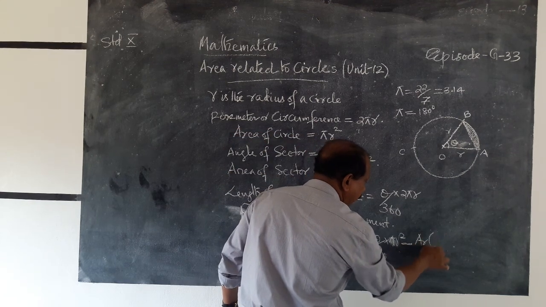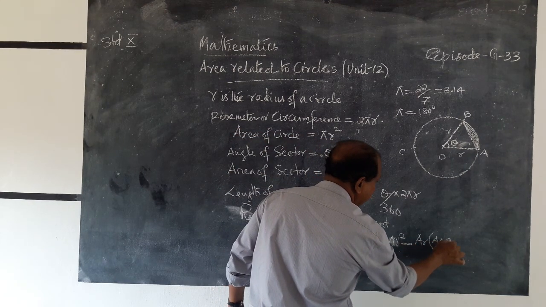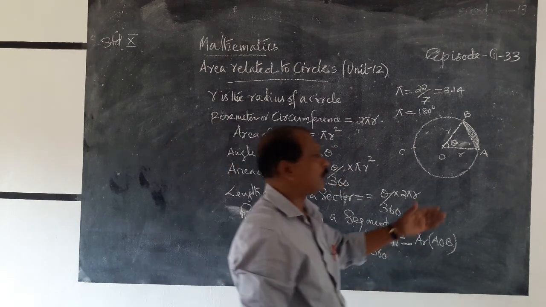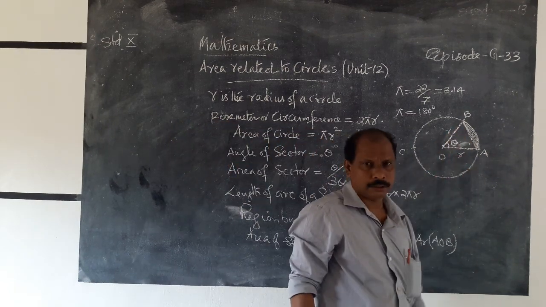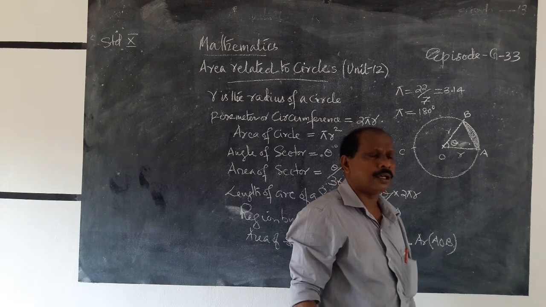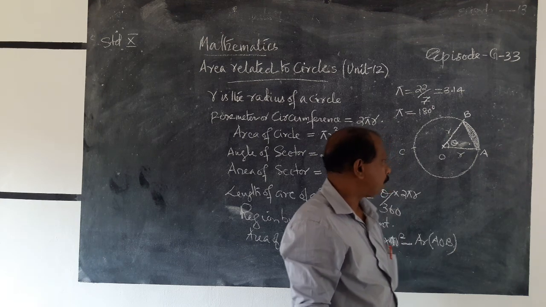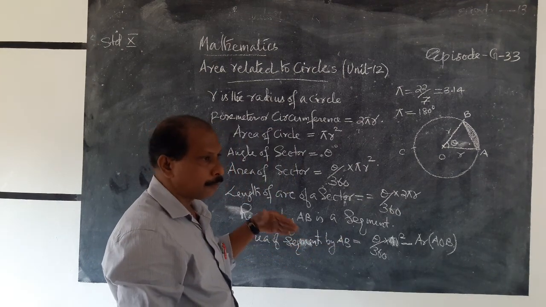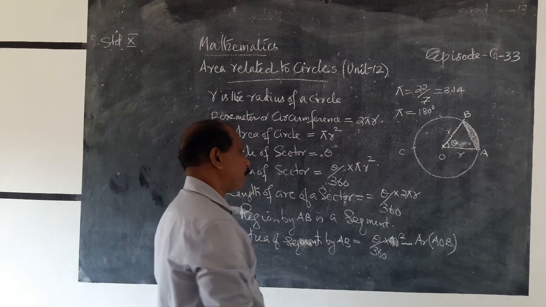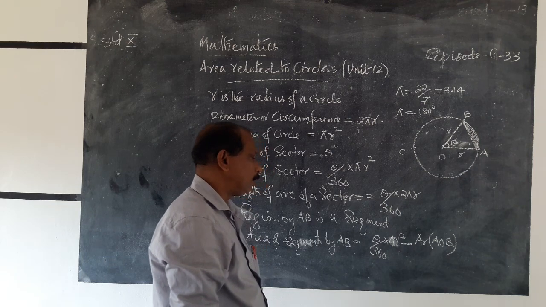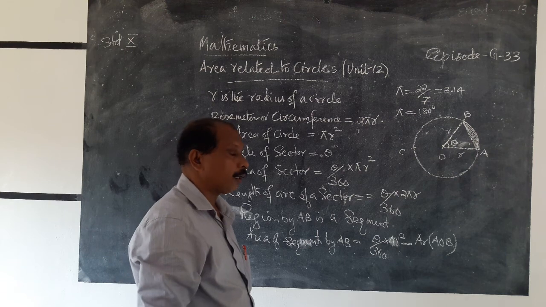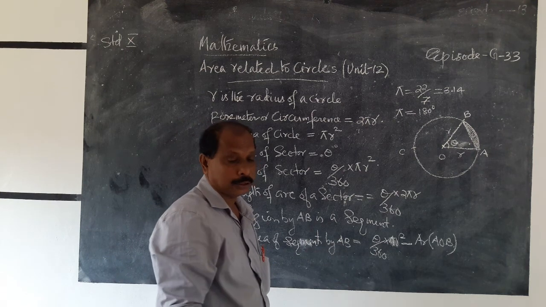The area of triangle AOB. Triangle AOB is an isosceles triangle with two sides equal. Therefore, we can find the area using any method. So the area of the segment by AB, that is the minor segment, is theta by 360 into pi r square, the area of the sector, minus the area of triangle AOB.